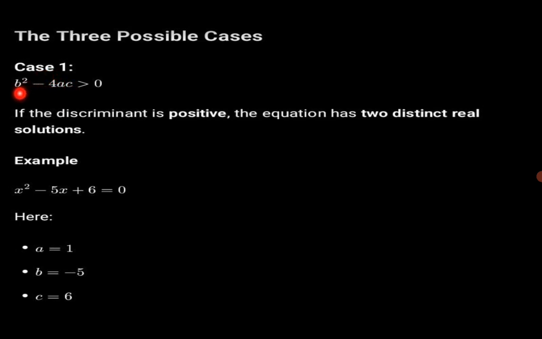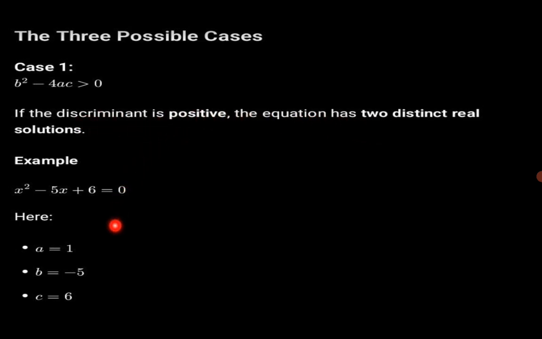Case number one is when b squared minus 4ac is greater than 0. After substituting and simplifying, you may find that the result is greater than 0. So if the discriminant is positive, the equation has two distinct real solutions. Two solutions.